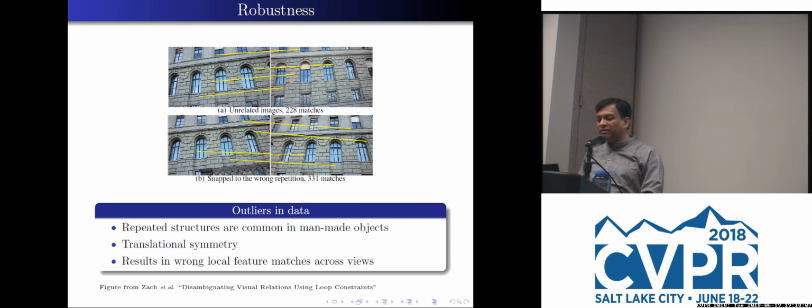So this is a very big problem, which is illustrated in this case. For example, here you have 2 facades of buildings which are actually unrelated. They are not the same part of the building face at all, but it's repeated. Man-made structures tend to be repeated in nature. So you will get lots of matches which are grossly incorrect, and they'll give you completely wrong estimates of the underlying relative motions.